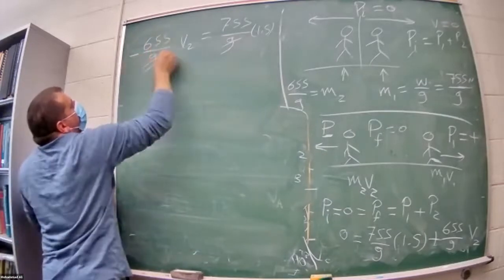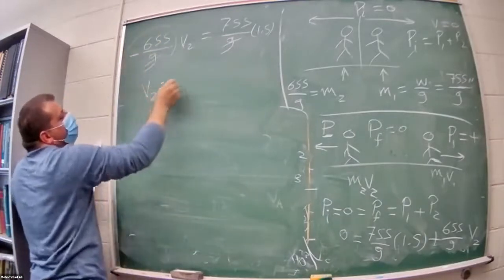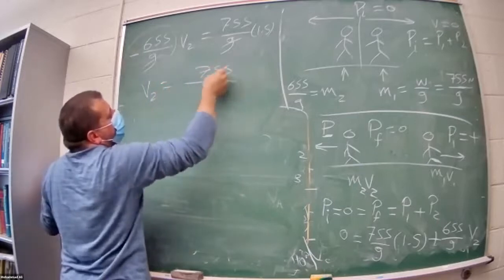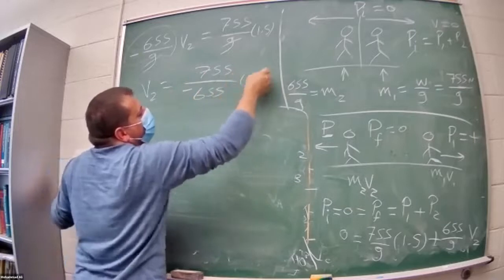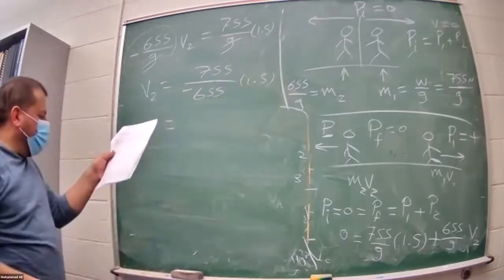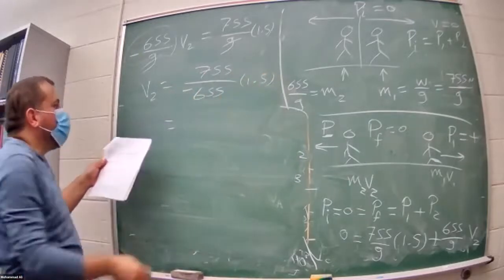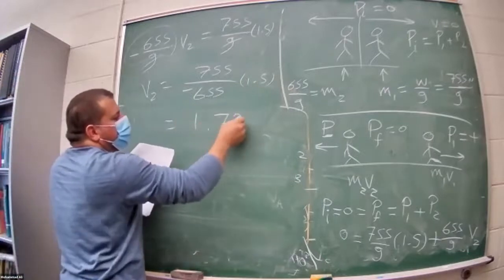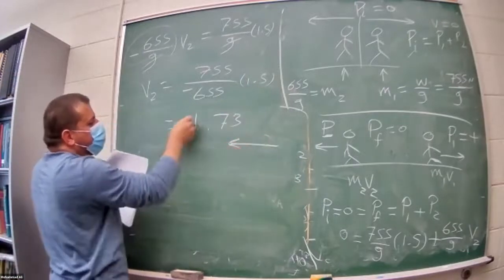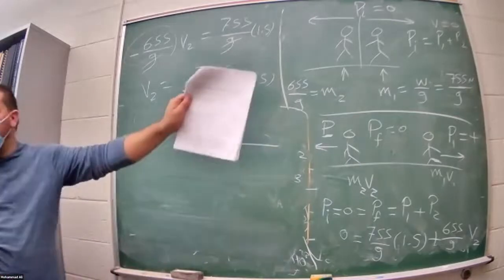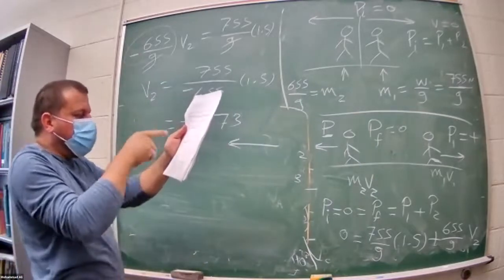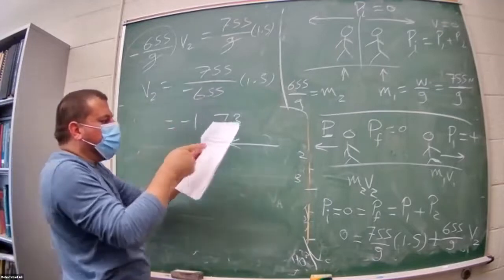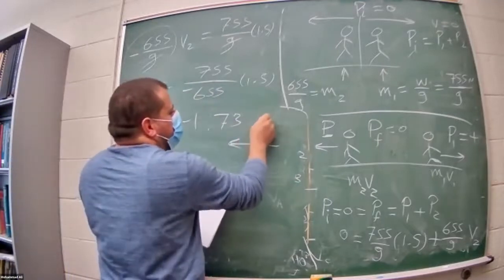V2 is equal to 755 over negative 655 multiplied by 1.5. It will be equal to 1.73 in the negative x direction. We need to give it a negative sign. It is mentioned, the negative x direction, meters per second.